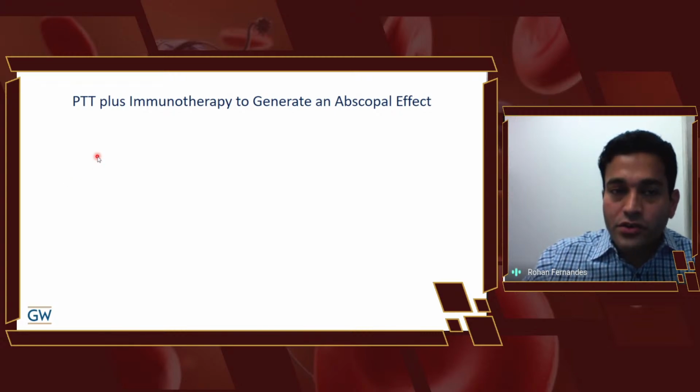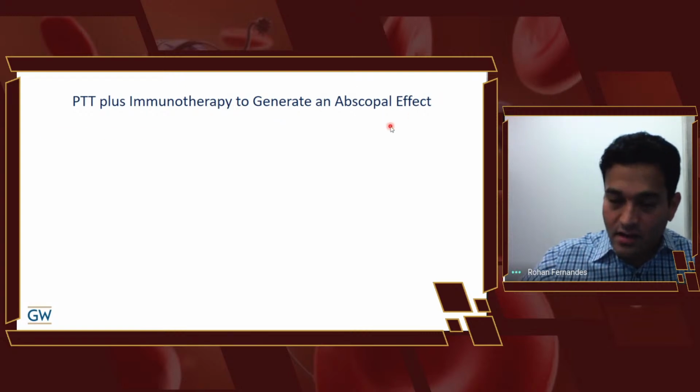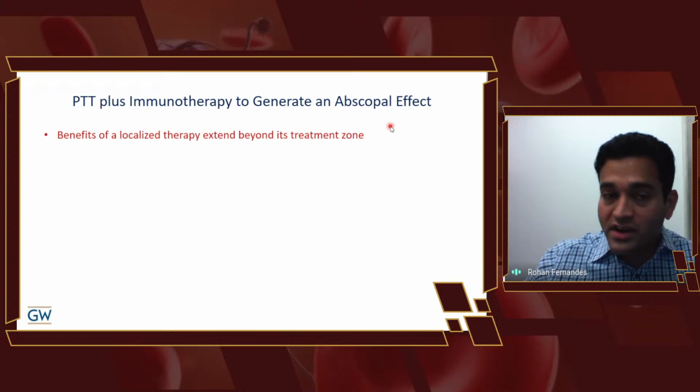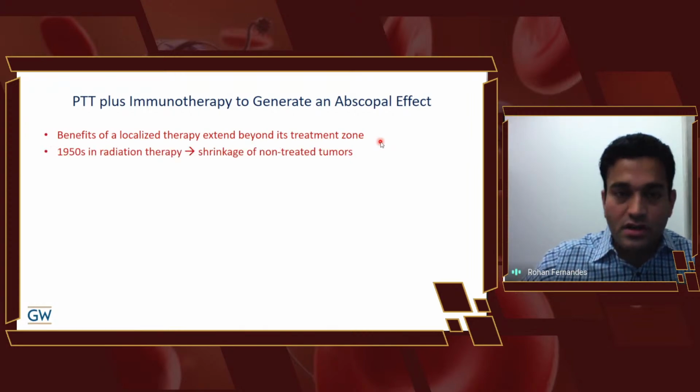So what we're really hoping to do is to use photothermal therapy plus immunotherapy to generate an abscopal effect. It is important to define what I mean when I use the words abscopal effect. The abscopal effect is a phenomenon wherein the benefits of a localized therapy extend beyond its treatment zone.